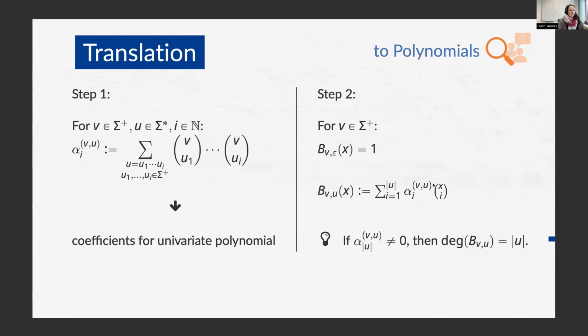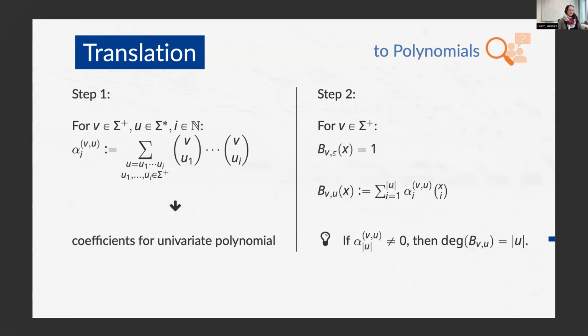And the thing here is, if u is contained in the loop and we query some word u, then this alpha coefficient here is non-zero, which means that the degree of this polynomial is the length of u. This is quite nice, because then we know what kind of degree of polynomials we have to deal with.